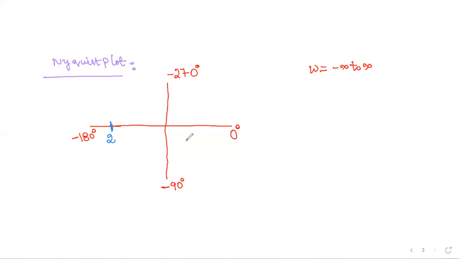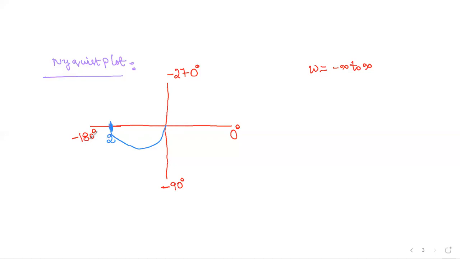And at omega equal to infinity, what is the magnitude value? 0. And the phase angle is minus 90 degrees. Now the path is from minus 180 degrees to minus 90 degrees. Through minus 90 degrees, the magnitude reaches 0.